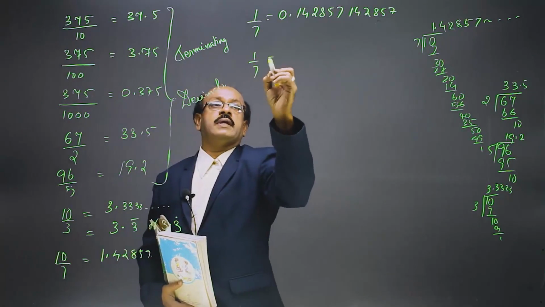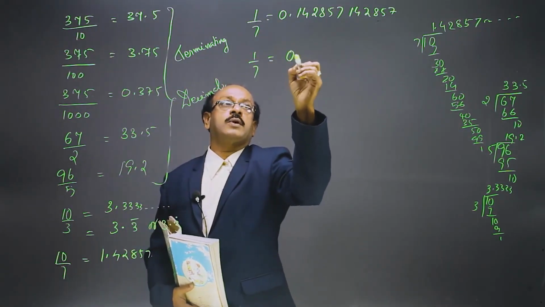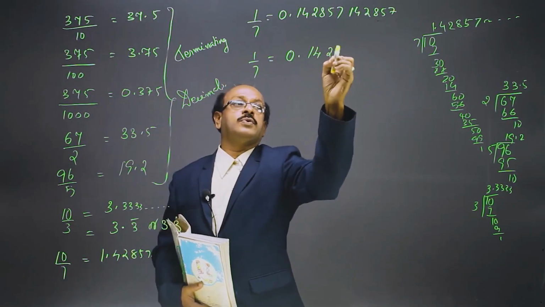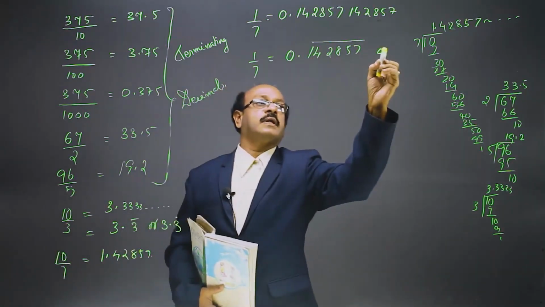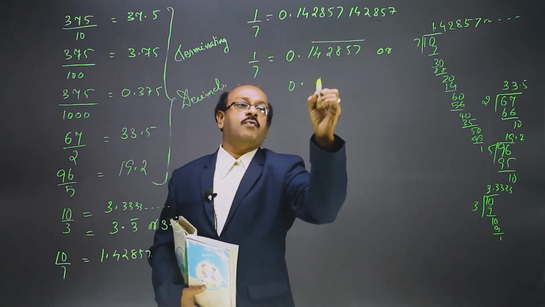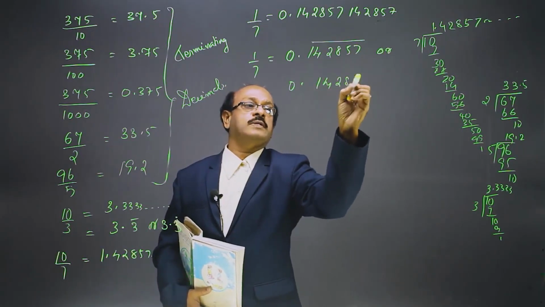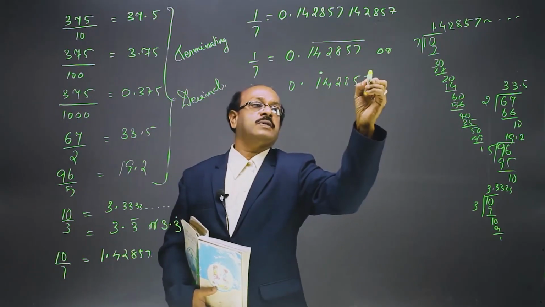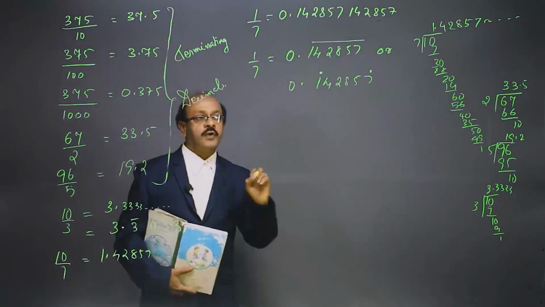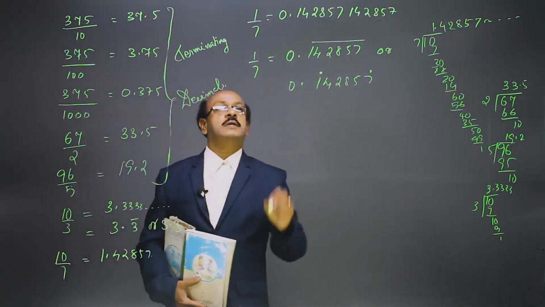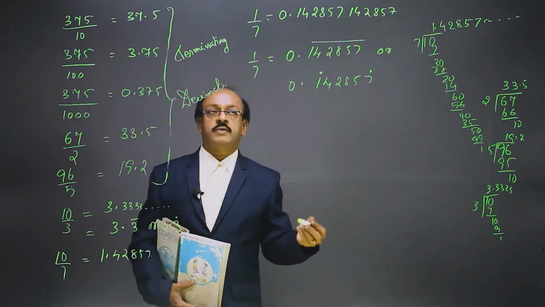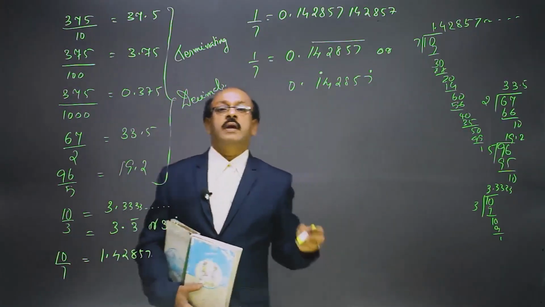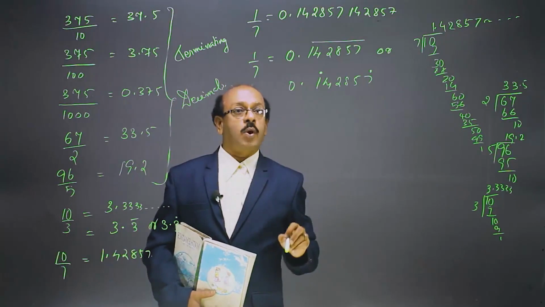So, 1 by 7 can be written as 0.142857 with the whole bar, or another representation with dots. That means after the decimal, 6 digits are repeating, 142857, 142857. It is repeating in a particular order.